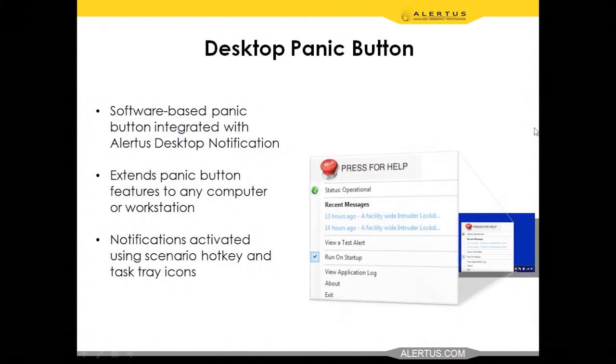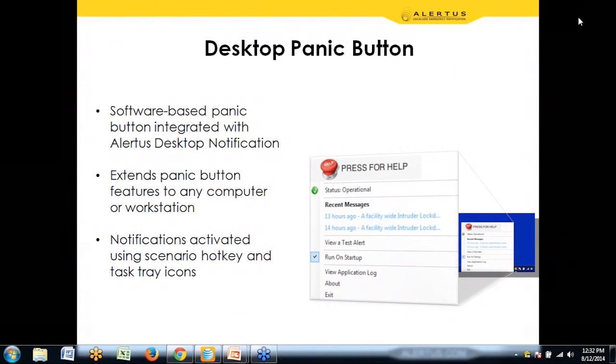As well as the capability to do a software-based panic button activation. You'll see here, and I'll do this as part of the demo as well, the ability to press for help. You can create this for each of your users, each of the devices, or it could be a generic duress button for anybody within the organization.